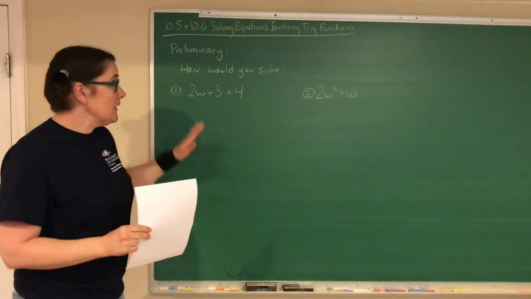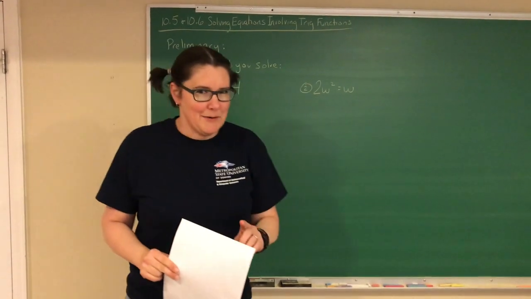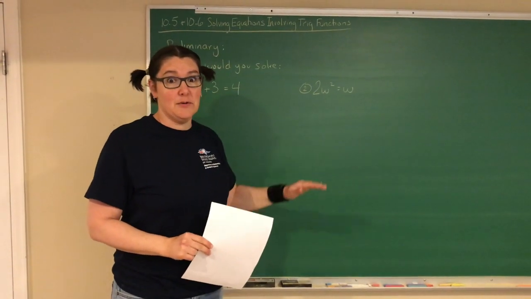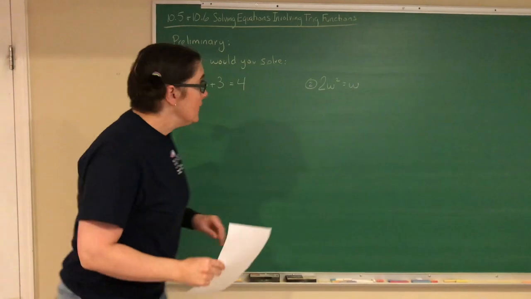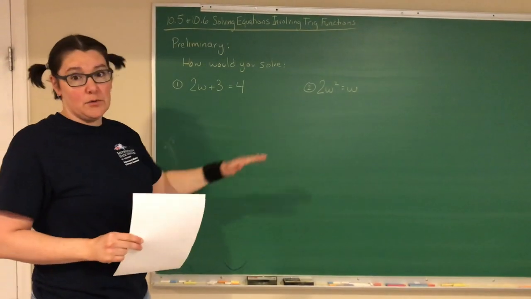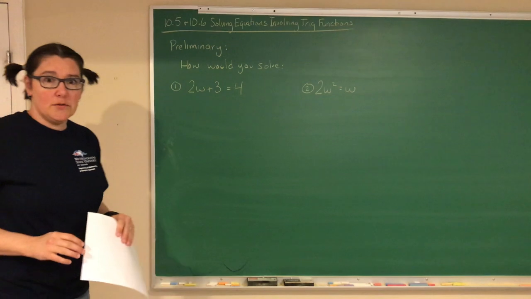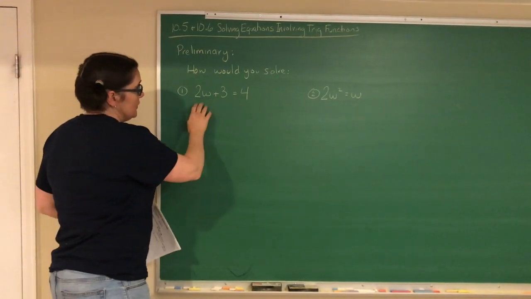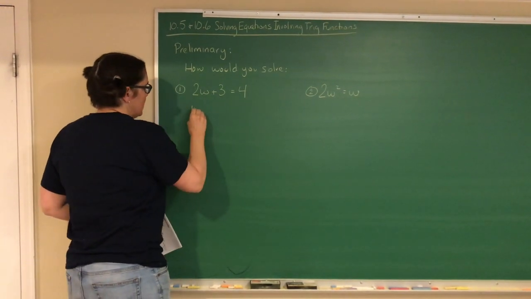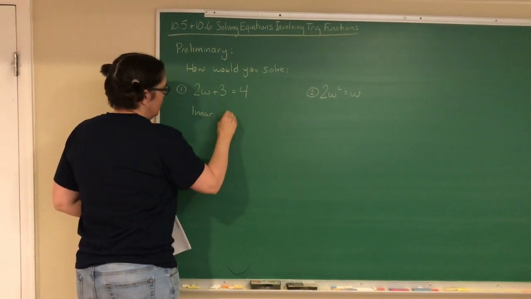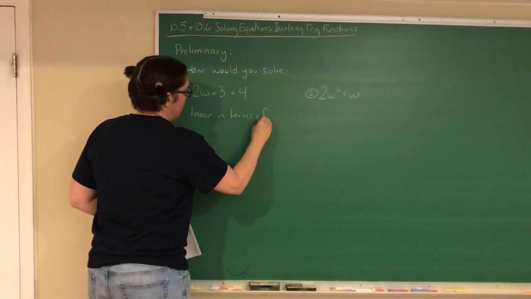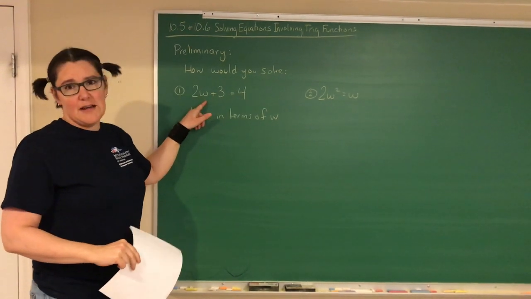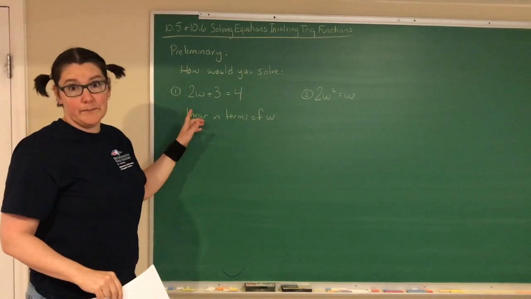Okay, well, I'm going to talk about how, and again, if you didn't pause the video and think about how you would honestly solve these two equations. When I look at these two equations, I notice that they are different in terms of the types of equations that we have. In this first equation, we would say that this equation is linear in terms of our variable w, because w shows up in the equation, but it's not raised to any power other than the power of 1.